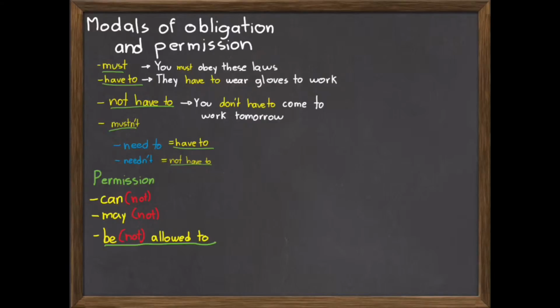You must use the infinitive without to after modal verbs such as must, can, may, and another one that we didn't see, could. You must use the infinitive without to. For example, I must speak with her. You don't use to here. That's incorrect. I must speak with her.